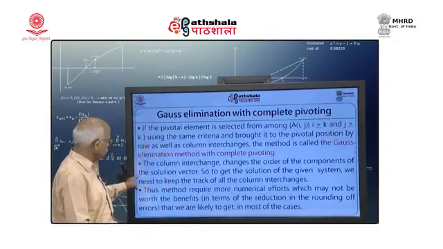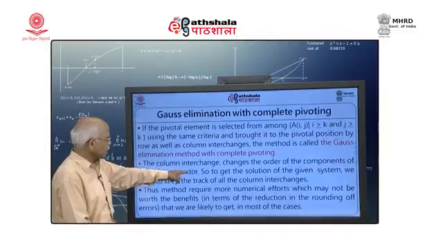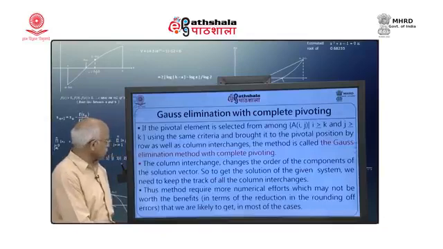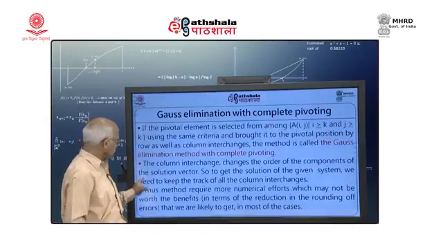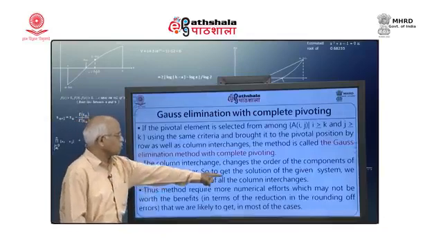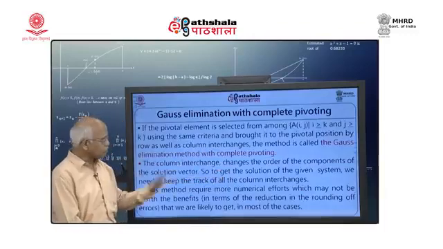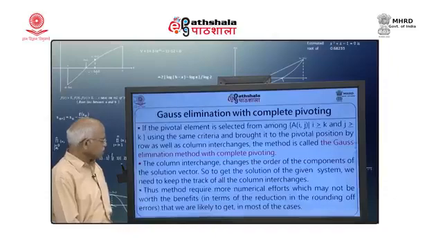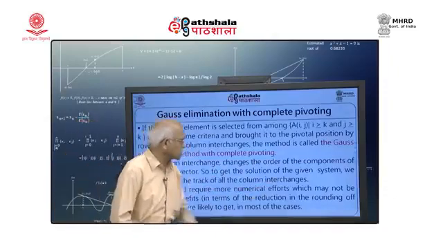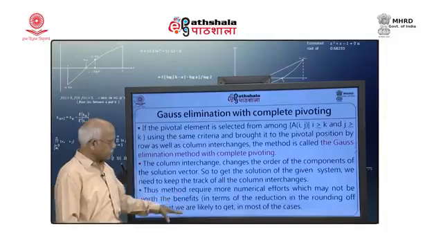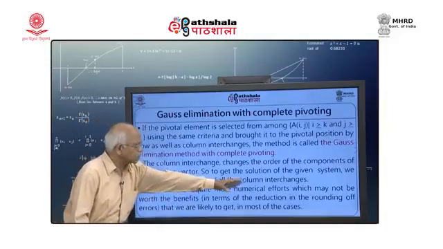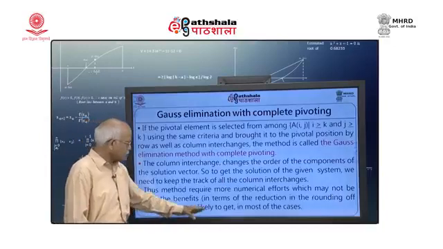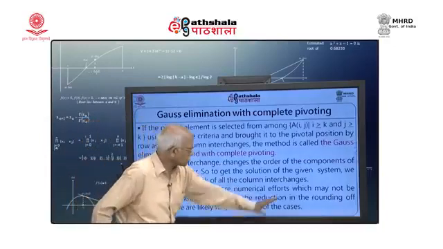So, to get the solution of the given system in the original form, we need to keep track of all the column interchanges, which will incur a lot of computational effort. Thus the method requires more numerical effort, which may not be worth the benefits that we get in terms of the reduction of rounding errors, that we are likely to get in most of the cases.